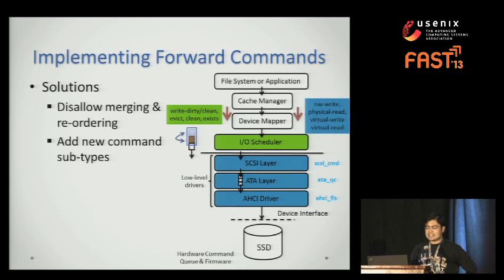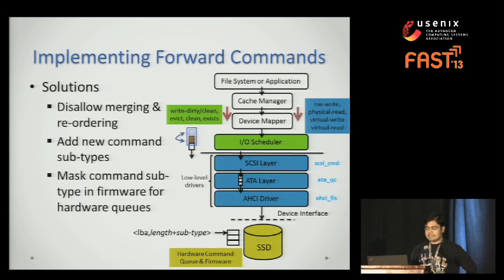Secondly, we had to introduce new command subtypes in different command carriers at the storage device driver levels so as to pass these commands all the way to the solid-state disk. This was not an easy task. Finally, within the hardware, the command types have to be masked so as to make use of the hardware command queues, which accelerate the servicing of these commands.